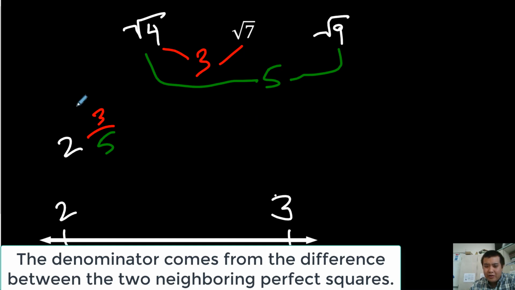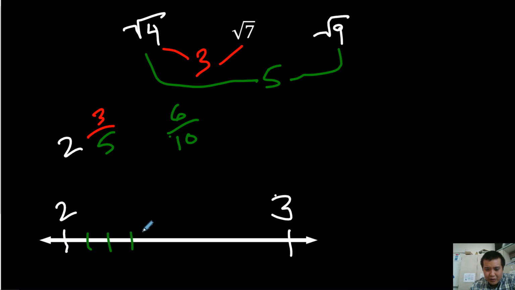We can do long division, or we can just know that 3/5 is the same thing as 6/10. And so we can just split this up into tenths, 1, 2, 3, 4, 5, 6, 7, 8, 9, and go with our final answer of 2.6 by putting it right at the 2.6 mark. So the approximate value of square root of 7 is 2.6.